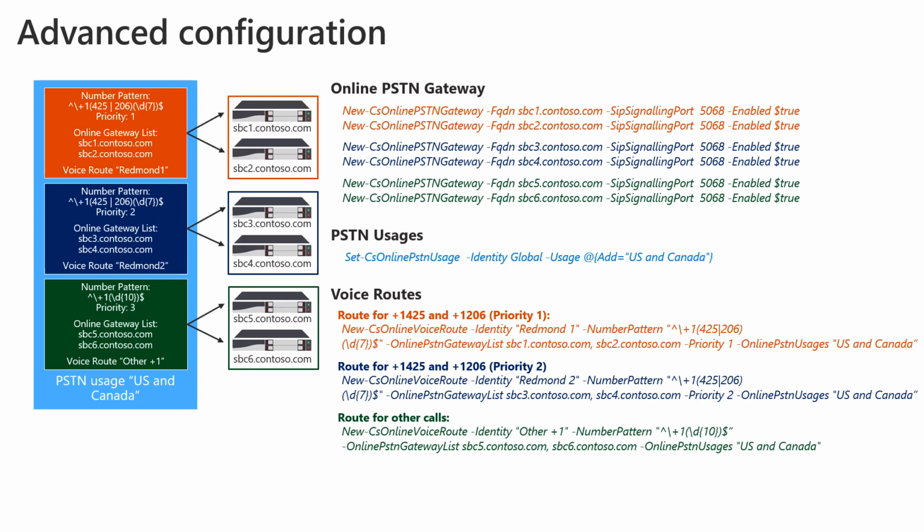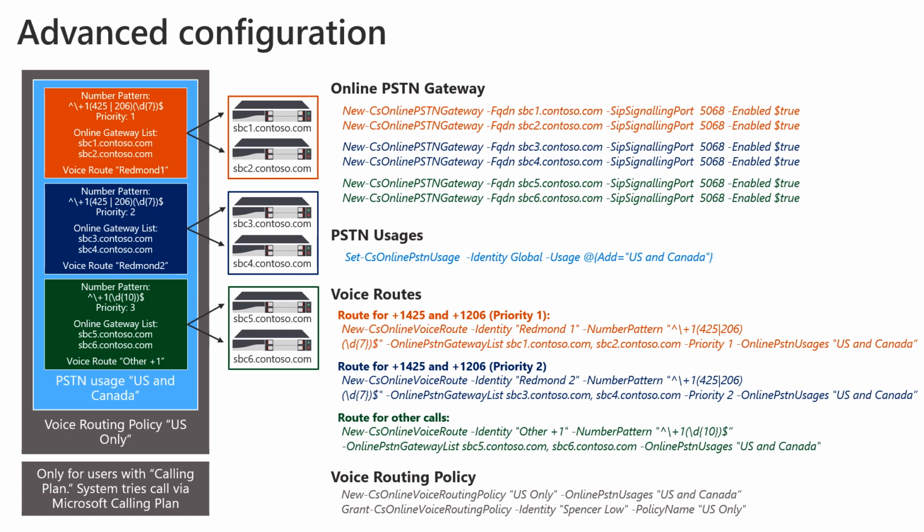That means in this case now, if a user calls any number that's not starting with +1425 or +1206, it will go to gateways 5 and 6. If they are putting a call to the numbers +1425 or something starting with +1206, it would be going first to SBC1 and 2. If they are not available, it would be going to SBC3 and 4, and only after it would be going to SBC5 and SBC6.